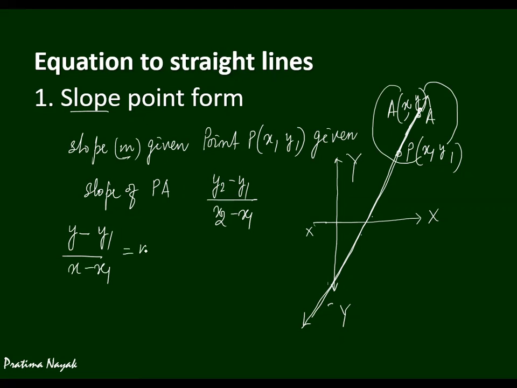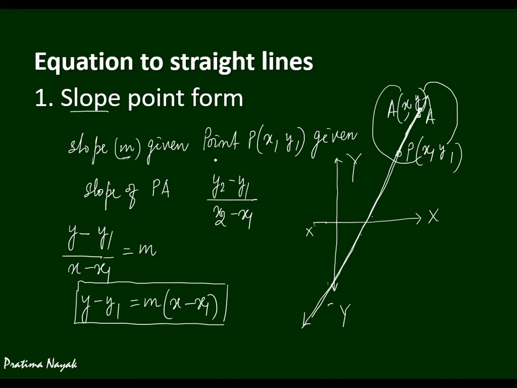This is slope, given m. So this gives you the equation y minus y1 is equal to m into x minus x1. So this is the equation of a line passing through the point x1, y1 and slope m.